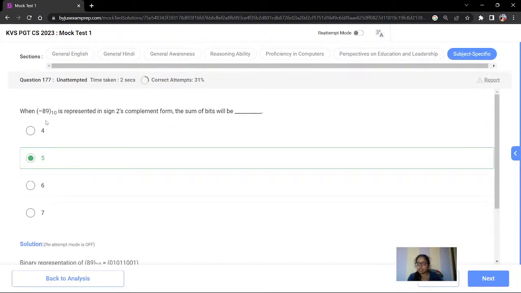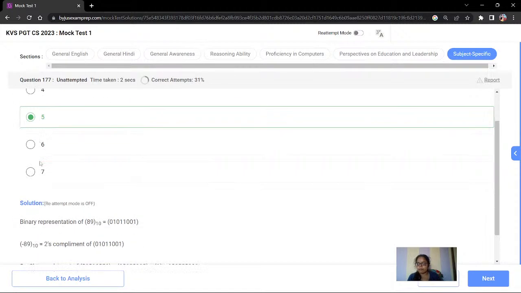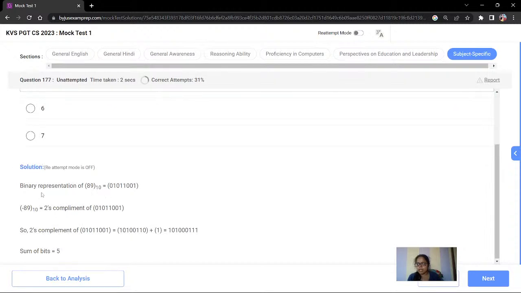Next, 89 in base 10 is represented in signed 2's complement. The sum of bits will be 5. Here is the binary representation of 89. You can get the binary representation by dividing 89 by 2. Okay.